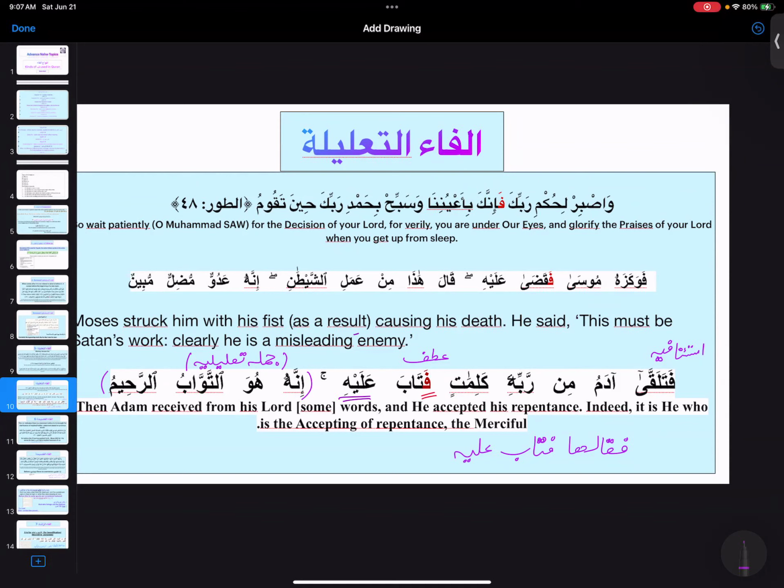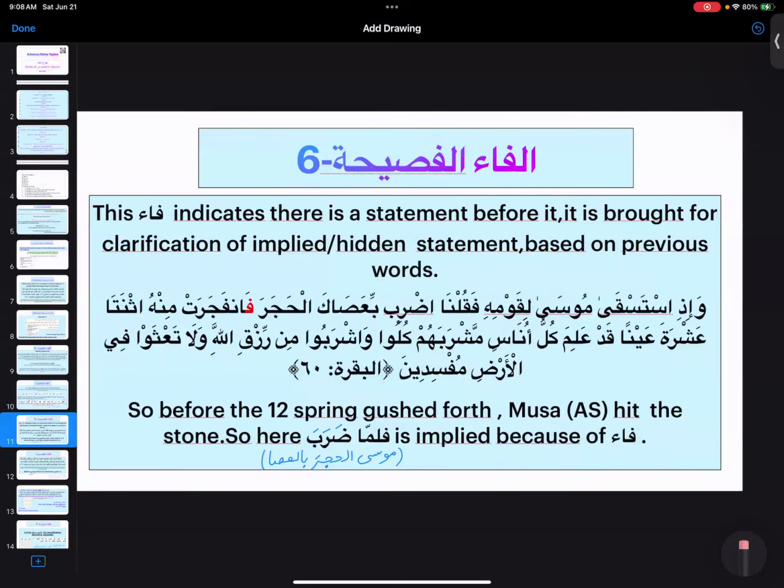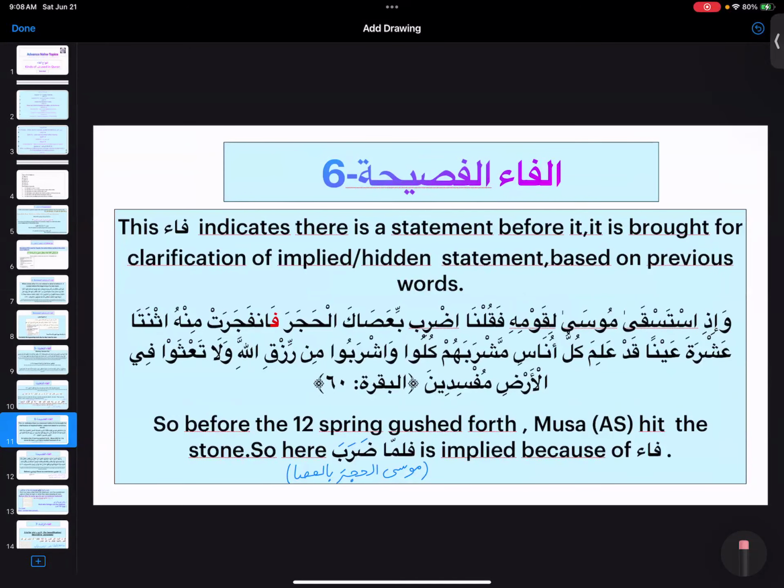So the whole Jumla is Jumla Taliliya over here. And this fa, Arab books are saying ataf, and some are saying that faqalaha is basically mahzoof over here. If it is mahzoof, then that could be an example of fa fasiha.